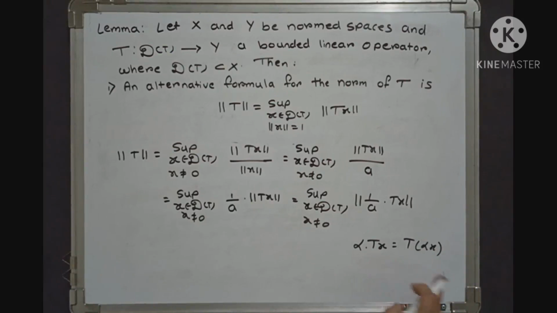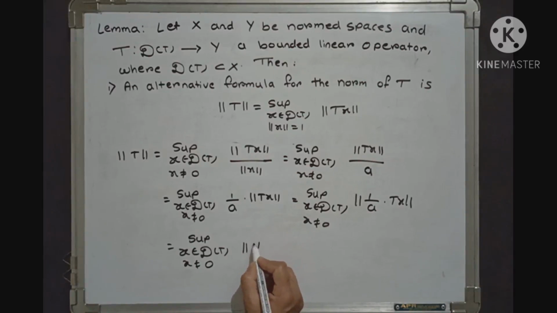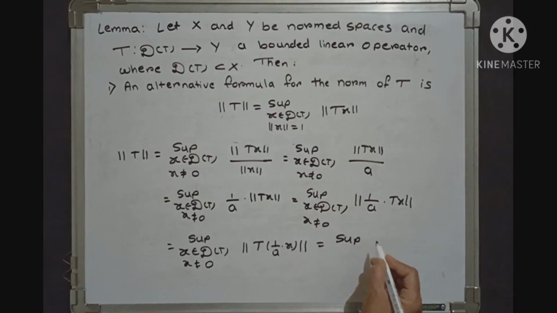We use this property of linearity here, and we can write it as the supremum over x belongs to D(T), x not equal to 0, of ‖T((1/a)x)‖. Now let (1/a)x equal y, and therefore it equals the supremum of ‖Ty‖.